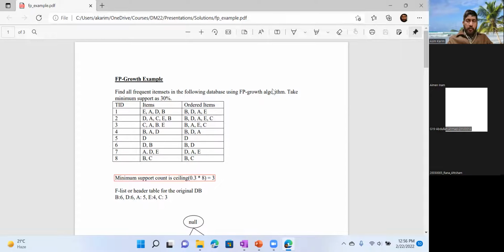So there are 8 transactions. Minimum support count, by taking 30% of it, would be 3. So you need to have at least 3 transactions that contain an item set for it to be frequent.